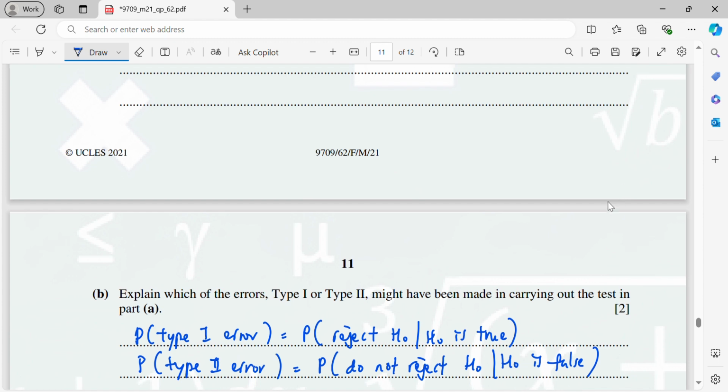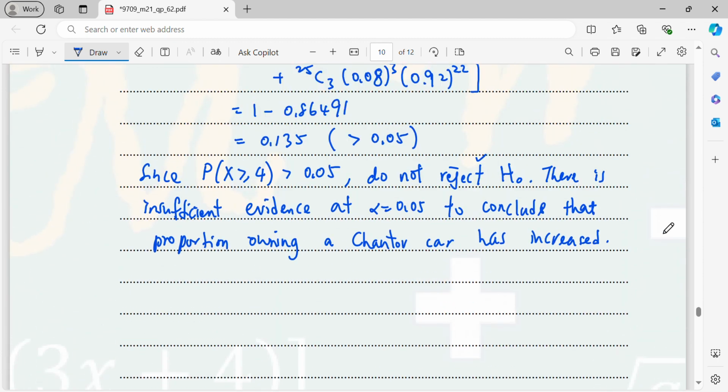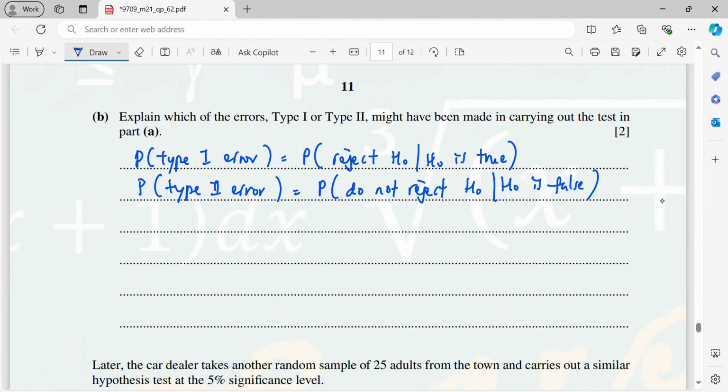Now, based on part A, we do not reject H naught. So from part A, the decision is do not reject H naught.